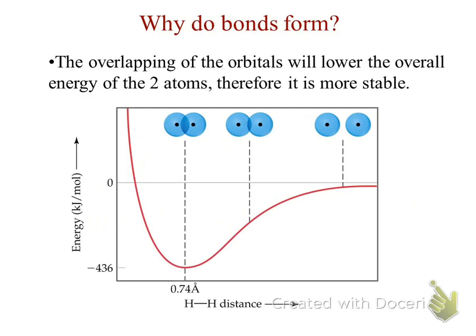It starts off very high while they're very far apart, and it decreases as they get closer until they reach a certain point, in this case 0.74 angstroms. Then as they get closer still, the energy rises again. There's a point where that energy is lowest, and that is shown right there at that 0.74 angstroms value.